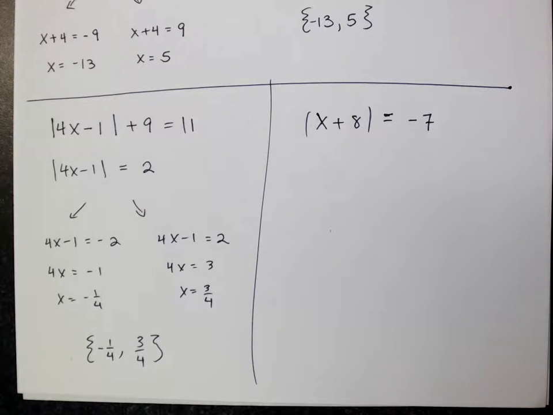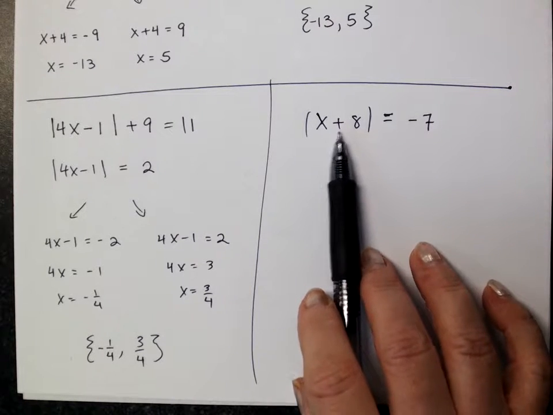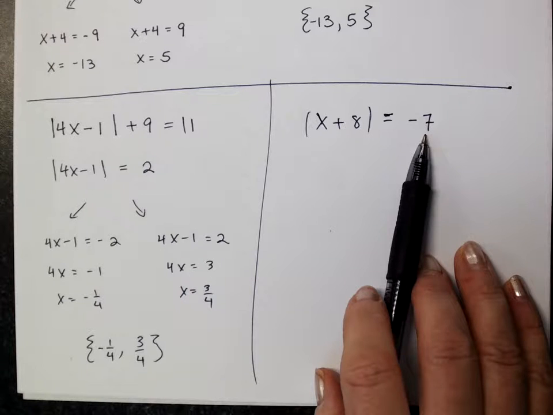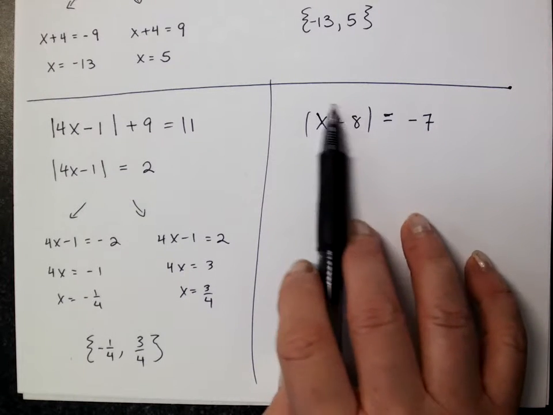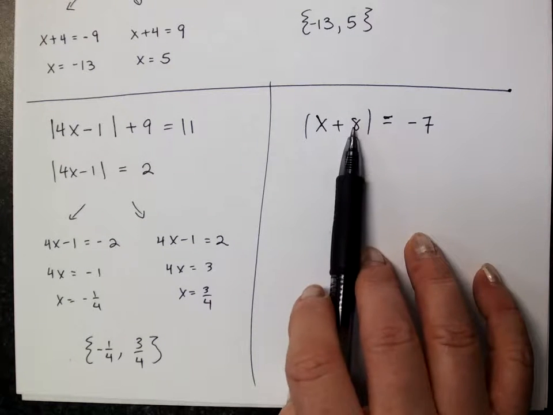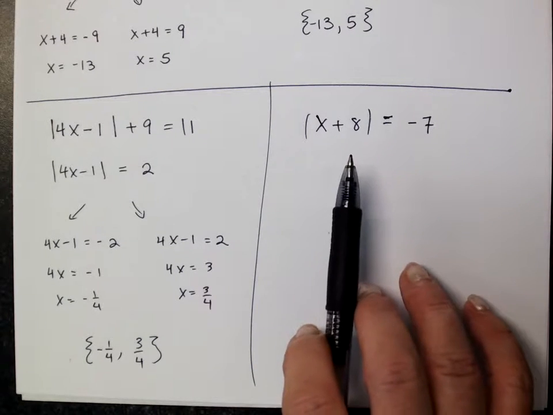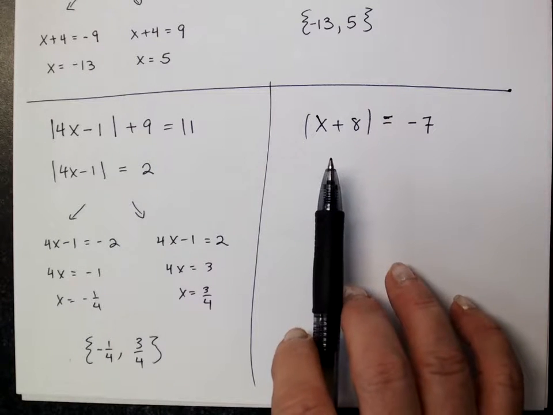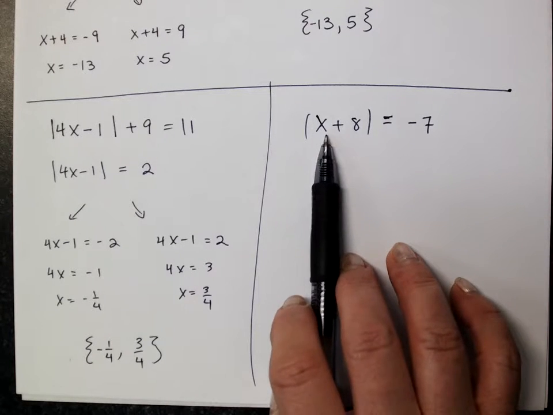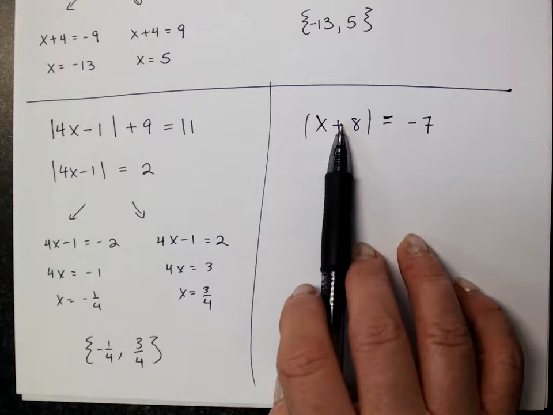Yeah, the mathematical way to put it is: is there any value of x that can make this true? Anything you put in here, no matter what you put in for x, once you apply the absolute value, what kind of answer are you going to get? Positive, or 0. If you put in negative 8 here, you'd have the absolute value of 0, which is 0.